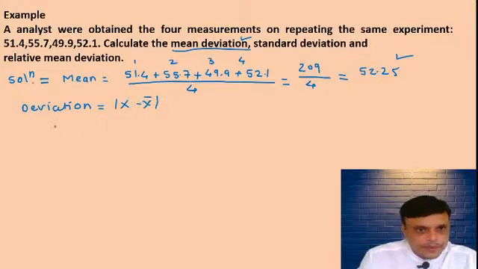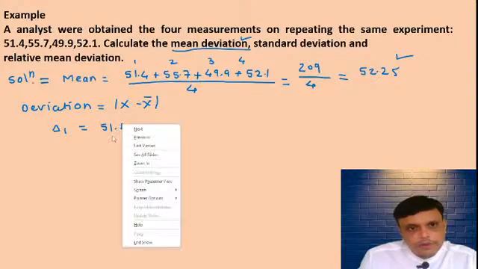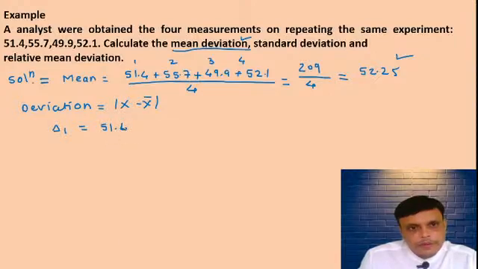So del 1 is equal to 51.4 minus 52.25. Then del 2 is what? 55.7 minus 52.25.